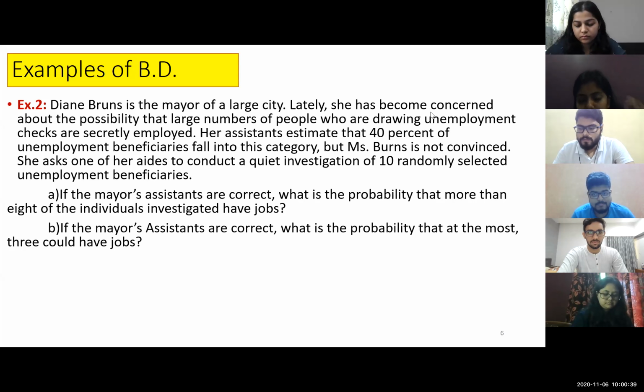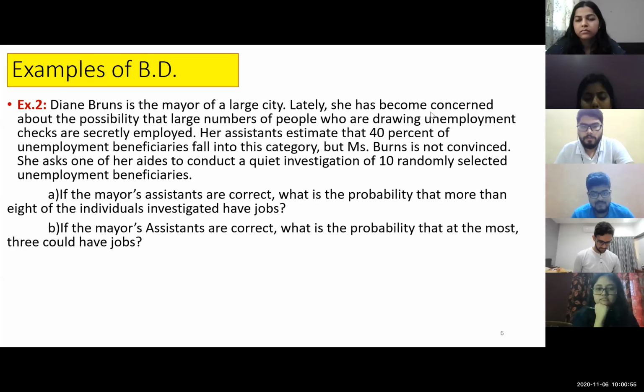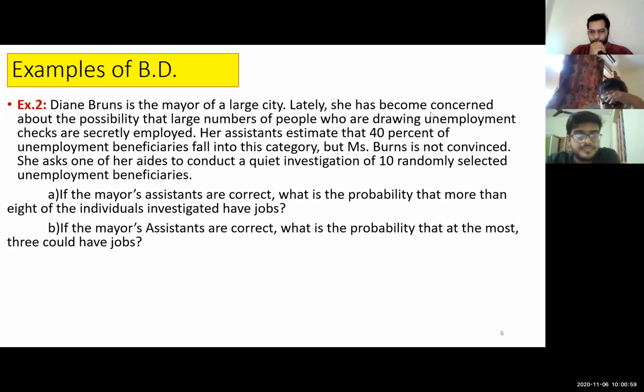She has become concerned about the possibility that a large number of people who are drawing unemployment benefits are secretly employed. Means that the people are leaving the company and they're employed somewhere else. So her assistant estimates that 40% of the unemployment beneficiaries fall into this category. Like 40% of the people who are leaving the job are in this category.